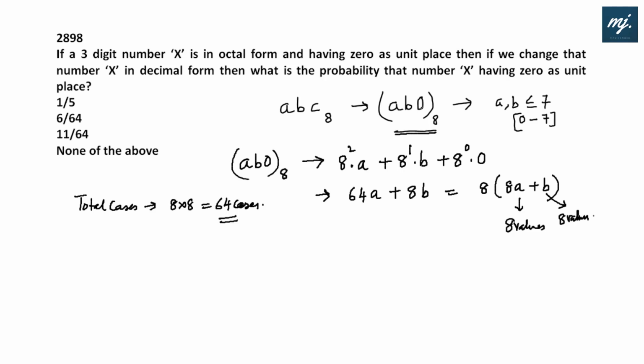Fine, it can be 0, 0, 0. That doesn't make any sense though, but that is again a case. Now we are looking for such values of a and b such that when put, this becomes a number which ends with 0. Let's start putting values. If I put a 0 and b 0, it will become 8 into 0.